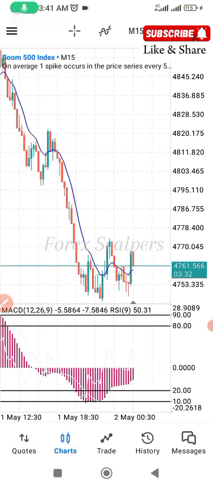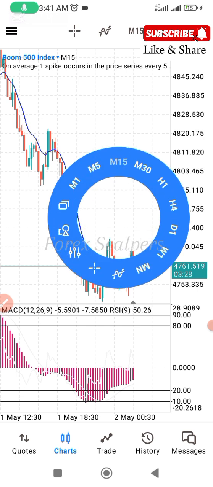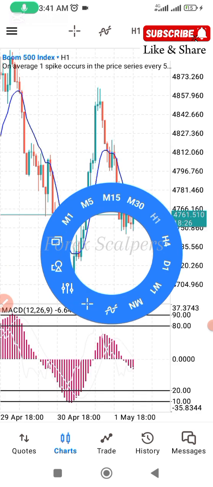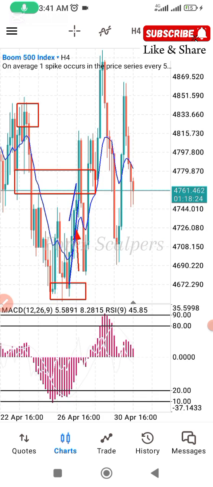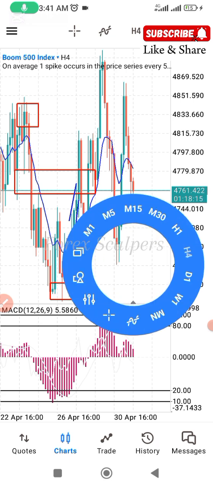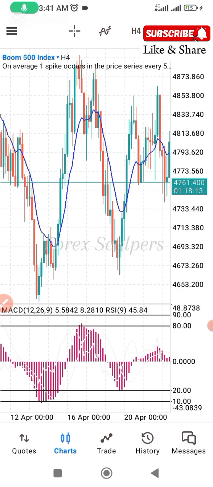This is strictly for Boom and Crash. So let's look at our H4 time frame where we determine the momentum. All right, so in this case, this is Boom 500, and if you look at this, momentum is at the upside. This is a bullish trend.